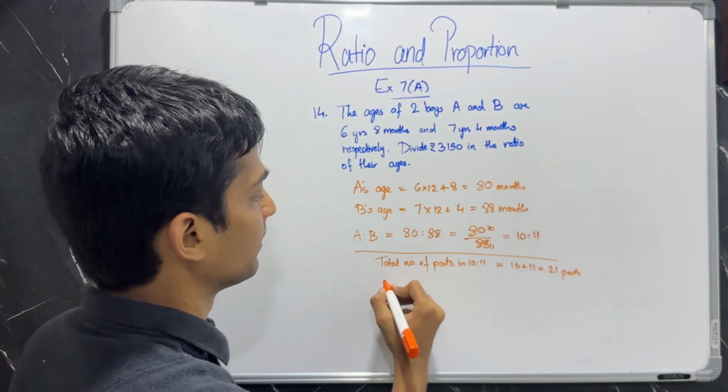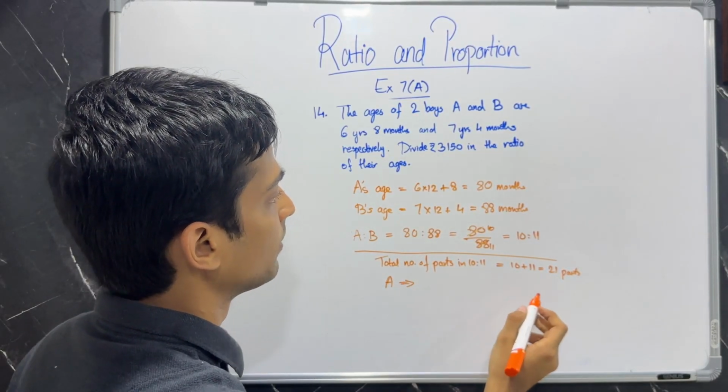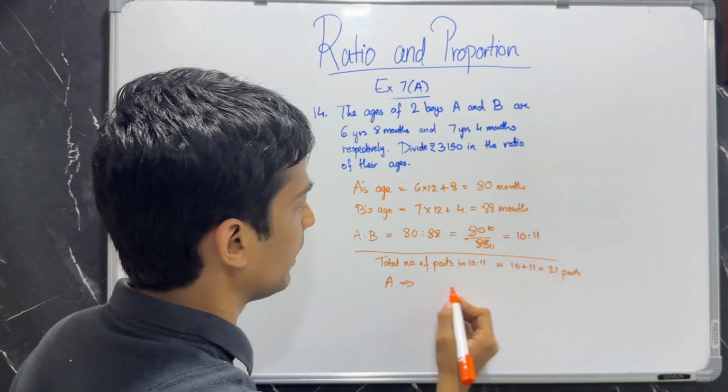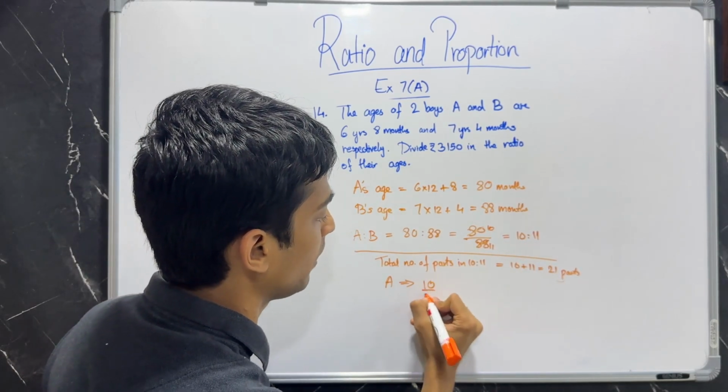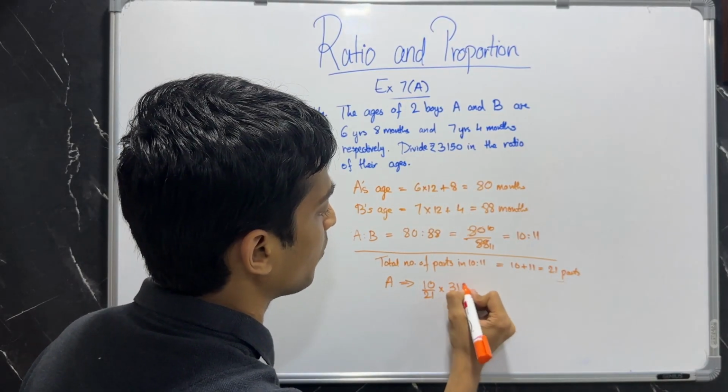So for A, he is getting 10 parts out of 21. So 10 upon 21 of 3150.